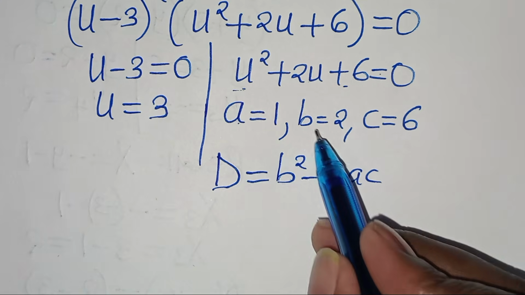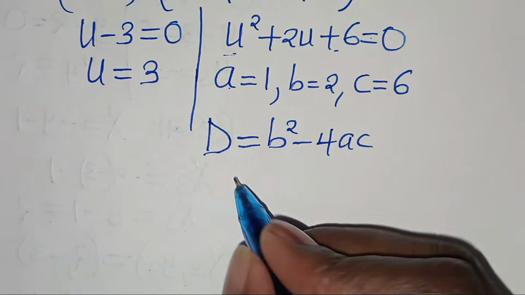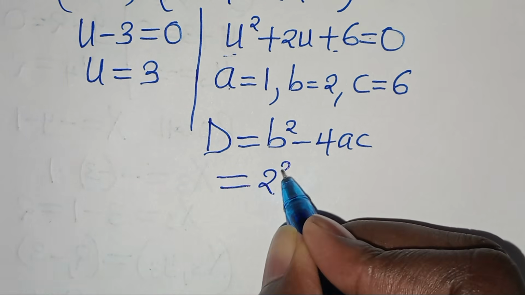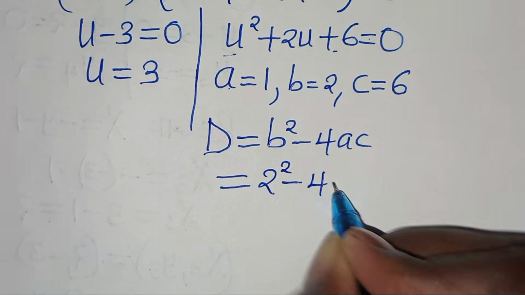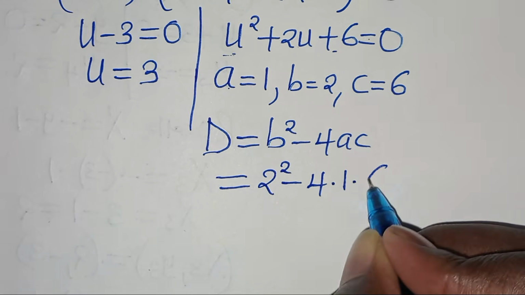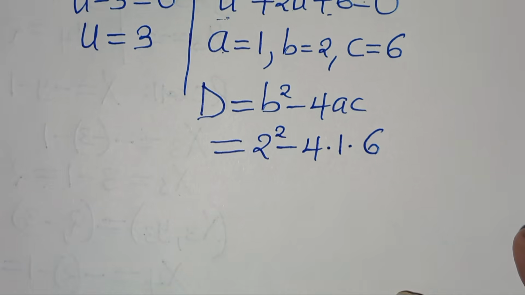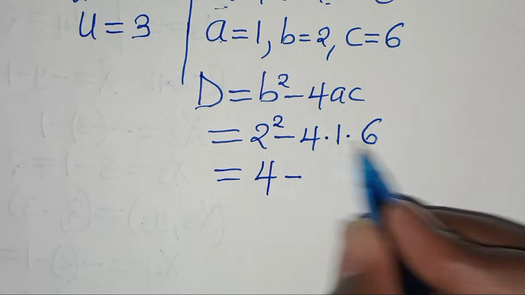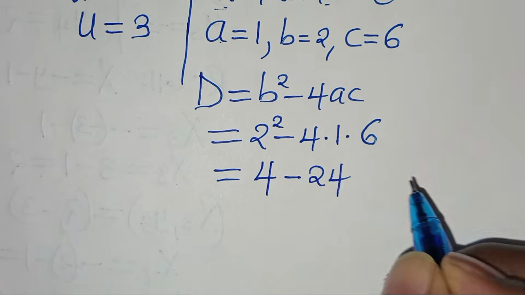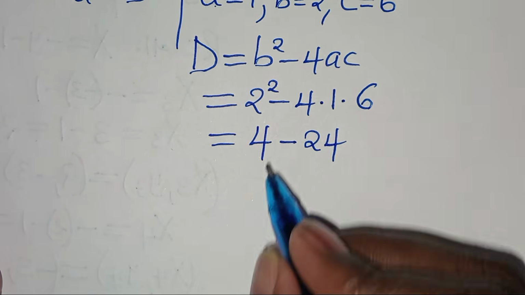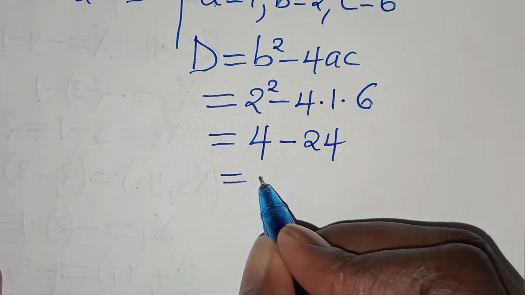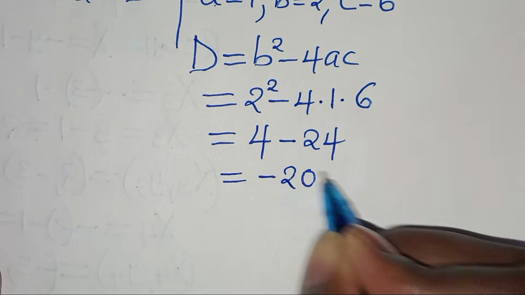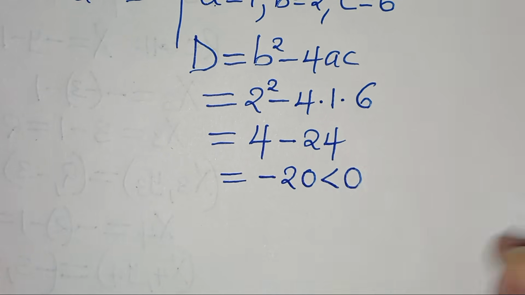Let's substitute a, b, and c, so that now we have 2 squared minus 4 times a, which is 1, times c, which is 6. So this is 4 minus 4 times 6, which is 24. So 4 minus 24 is equal to minus 20, which is less than 0.